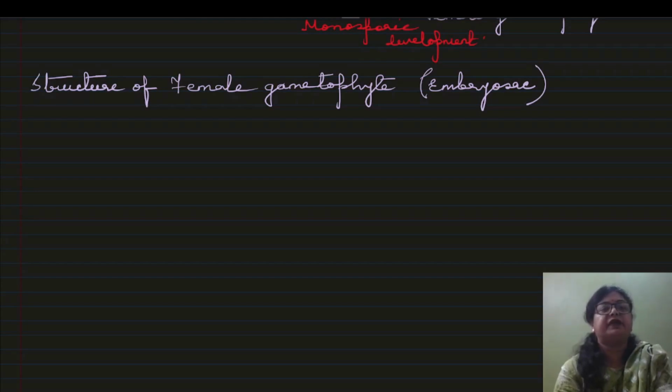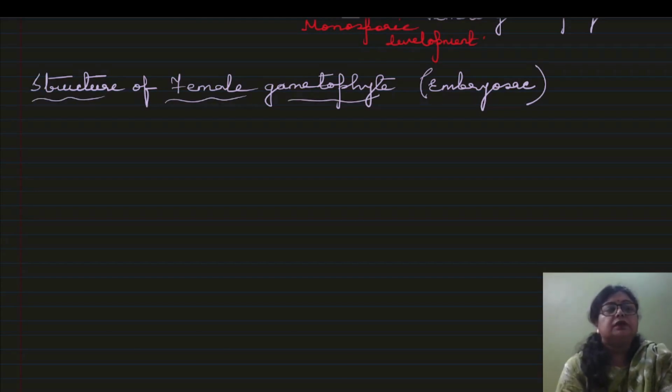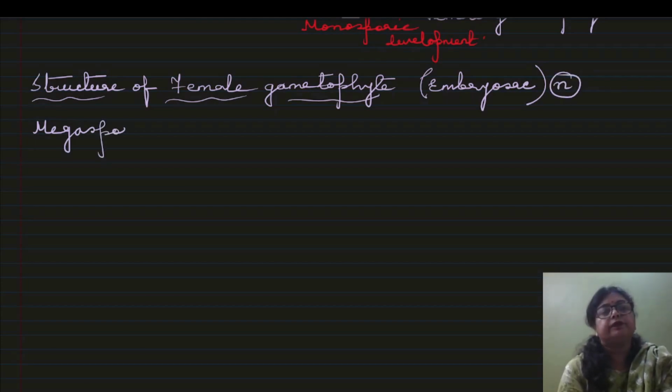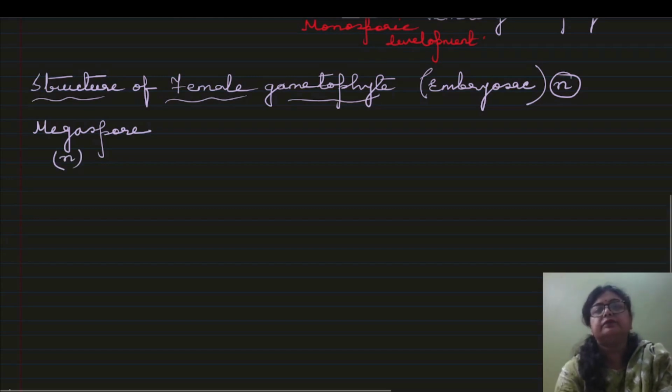How is it developing first? See, megaspore. What is the ploidy? Haploid. Now it is undergoing mitotic division, not meiotic. What is the division here? Mitosis.